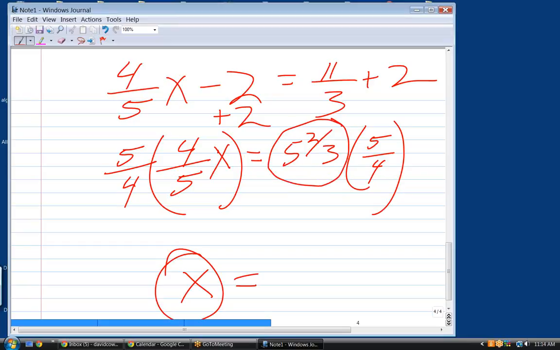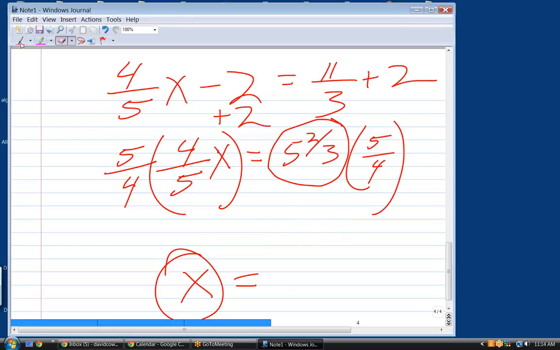The number 5 is how many thirds? 15 thirds would be the number 5. Just multiply the number by 3, and you get how many thirds it is. Okay, that's the number 5. Well, I got to add to that the 2 thirds. So I actually have 17 thirds.